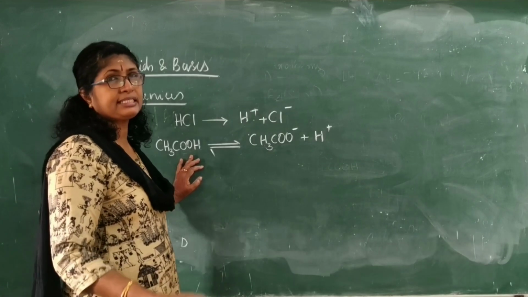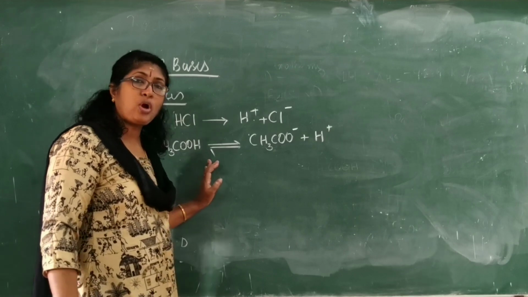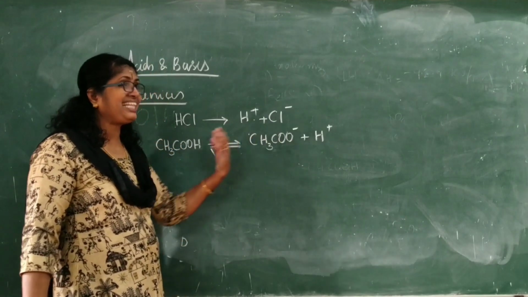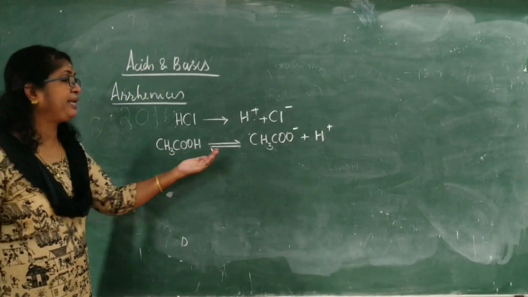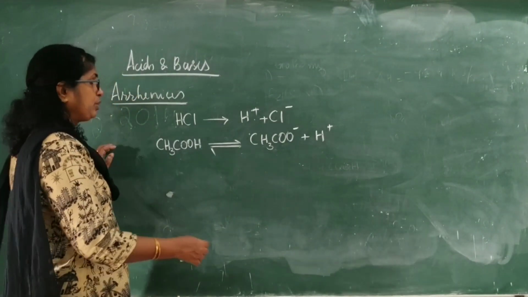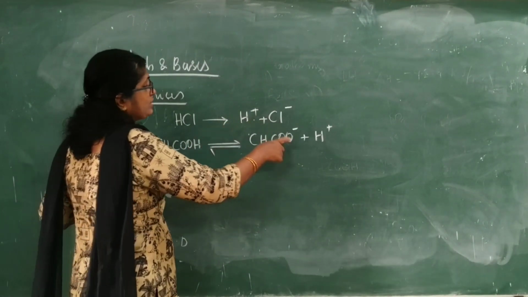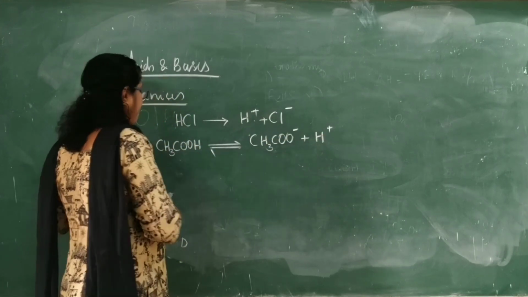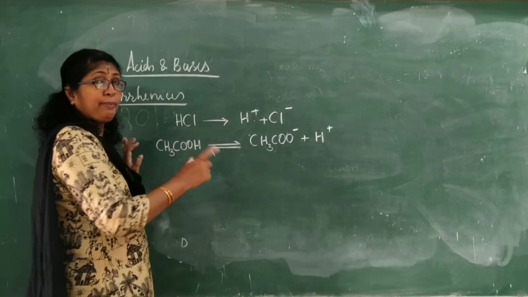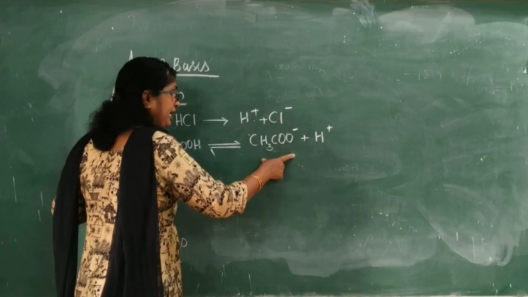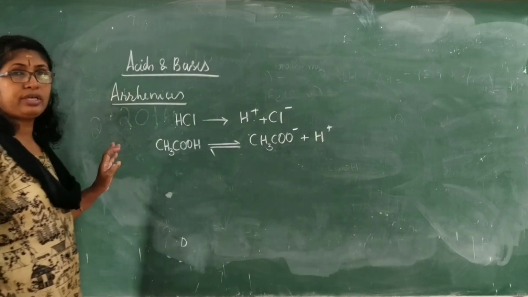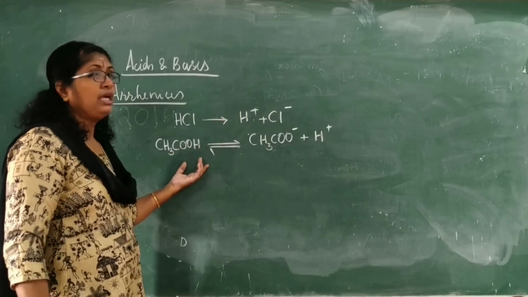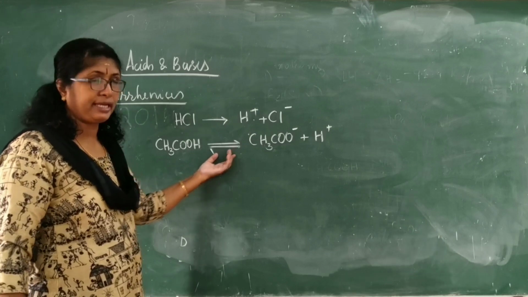Only a very small quantity of the molecules is ionized. At equilibrium, the rate at which ethanoic acid dissociates into ethanoate ion and hydrogen ion becomes equal to the rate at which they combine back. So for strong electrolytes we put a complete arrow, and for weak electrolytes we put an equilibrium sign.